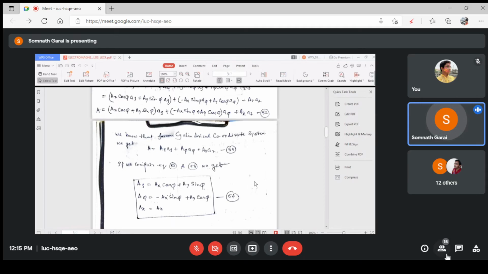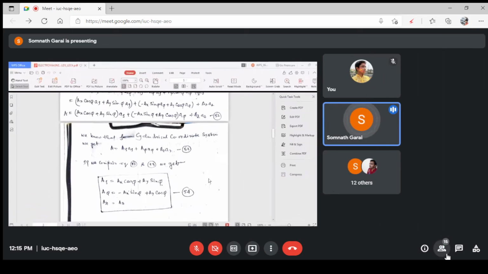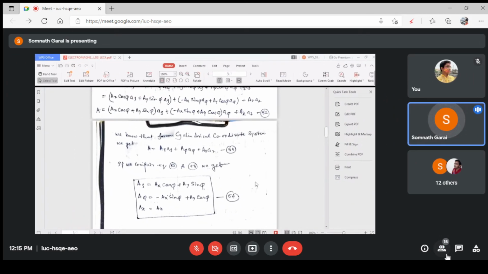So comparing these two equations, 52 and 53, we determine the magnitude components of the cylindrical coordinate system, A rho, A phi and AZ, with respect to the Cartesian coordinate system AX, AY and AZ.